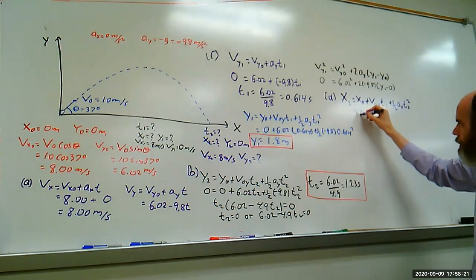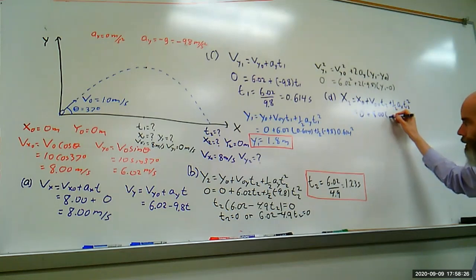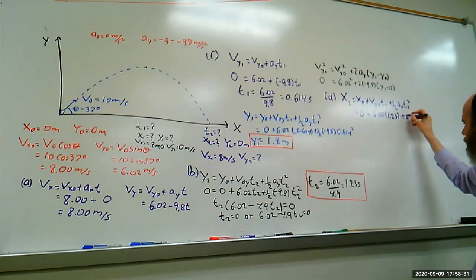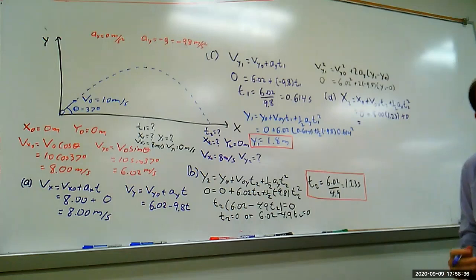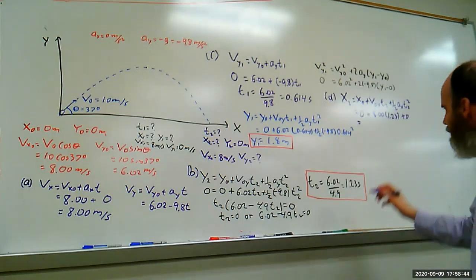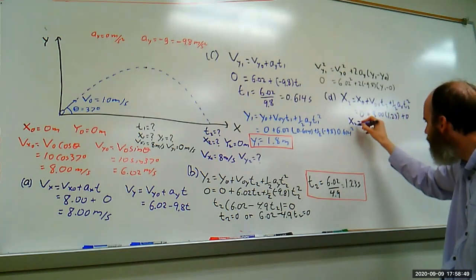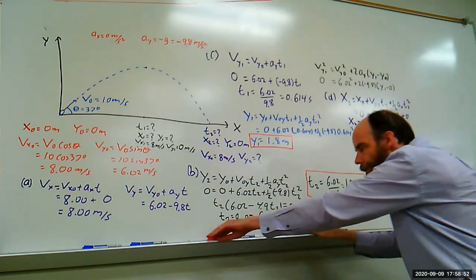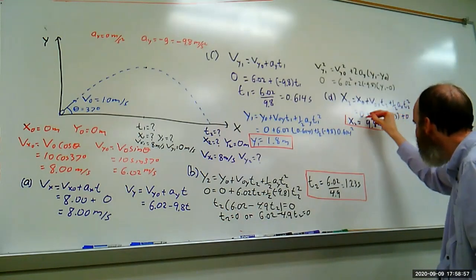Putting in the numbers, 0 plus 8.00 times 1.23 plus 0 because ax is 0. And this is then, if you work it out, 9.8 meters. So x2, the range of the football, is 9.8 meters.